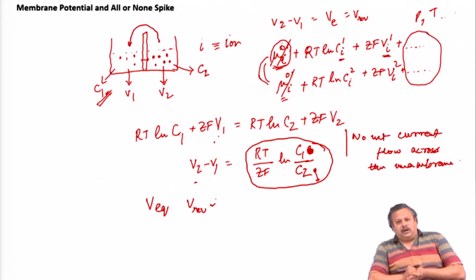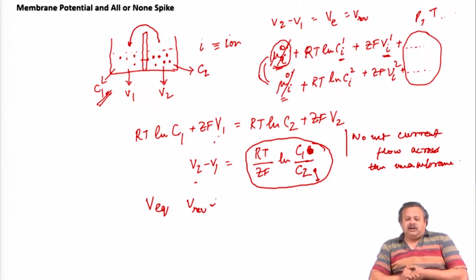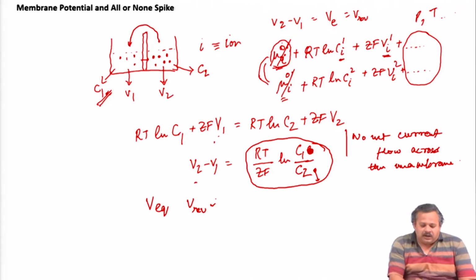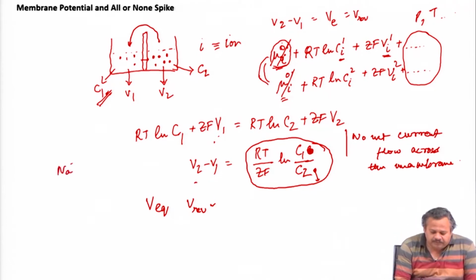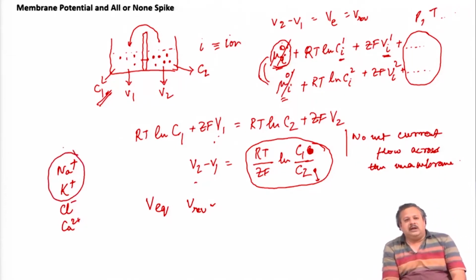So, for neurons, as we mentioned earlier, the key players in terms of the ions are sodium, potassium, chloride and calcium, of which we will see that with the sodium and potassium ions only, a lot can be explained.